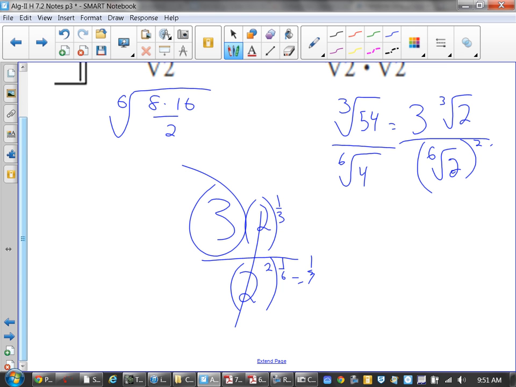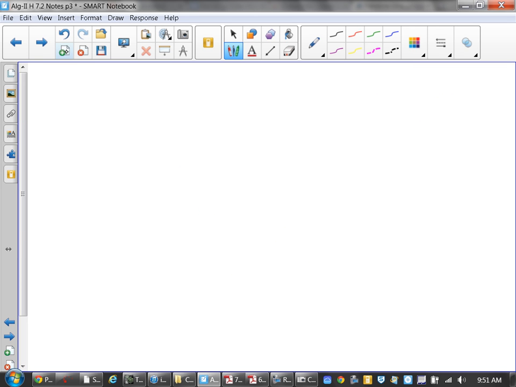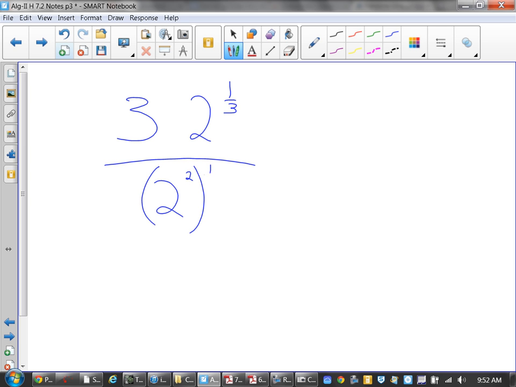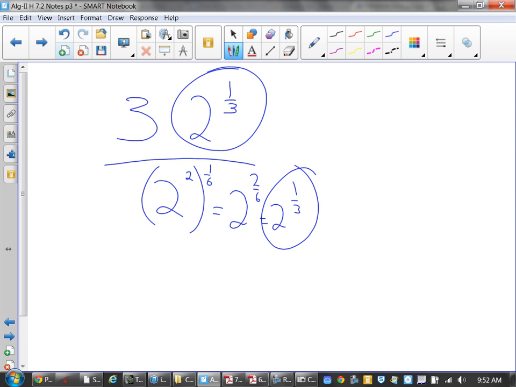Yes, ma'am? When you're crossing out those two 2's right there, did you cross out the square or did you leave it? Remember, what this is, I have 3 times 2 to the 3rd over 2 squared to the 6th. What I did here was, this simplifies to 2 to the 2/6, which is 2 to the 1/3. So this divided by this is 1.